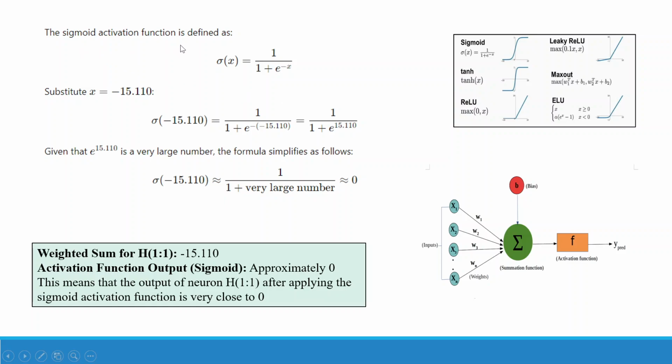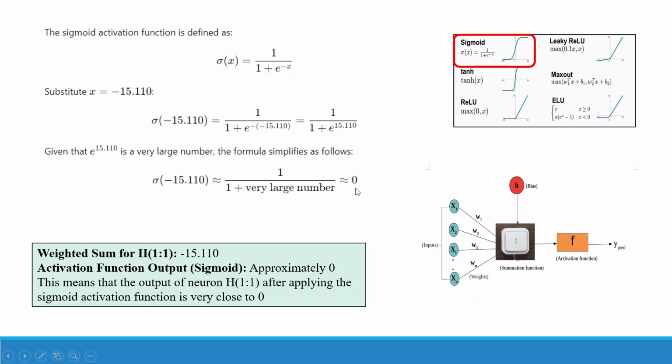So the sigmoid activation function, this we had discussed earlier. Its formula is sigma of z equal to 1 upon 1 plus e raised to minus z. So here we have to substitute the value. z is minus 15.110. Given that e raised to 15.110 is a very large number, we got a value equivalent to 0, right?